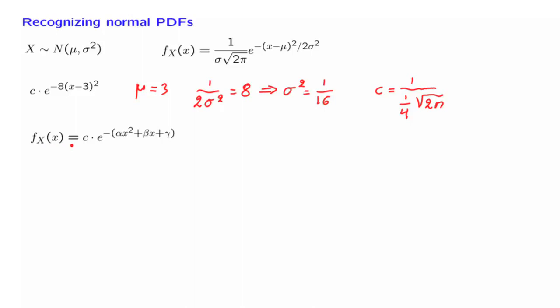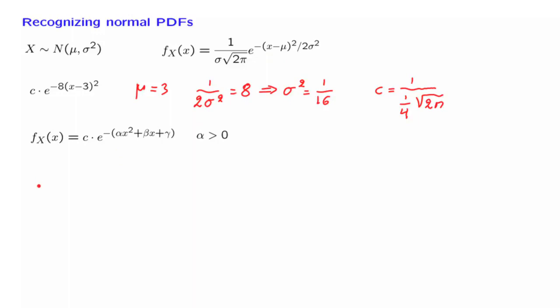A PDF must integrate to 1, so it cannot blow up as x goes to infinity, which means that this exponential needs to die out as x goes to infinity, and that will only happen if this coefficient alpha here is positive, so that we have e to the minus something positive and large, which is going to die out. Therefore, we must have alpha being a positive constant, and let us assume from now on that this is the case. What we will do next is we will try to write this PDF in this form.